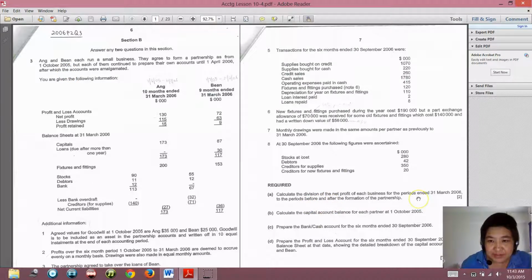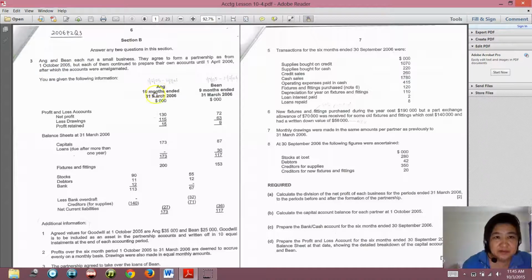So they are saying calculate the division of the profit of each partner for the period ended 31st March 2006 to the period before and after the formation of the partnership. So now you look at the question here. Here, 10 months ended 31st March 2006. So the partnership was formed on 1 October 2005.